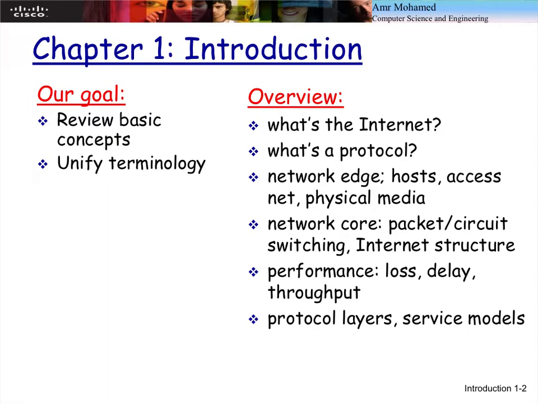Whether you are going to use the delay, and even for delay, there's processing delay, there's propagation delay, so there are different types of delays that we have to familiarize ourselves with. Or definitely the throughput, bandwidth, things like that. We'll talk about the protocol layers, the layered model. Of course, we talked about that in Network 1. We'll talk about the service models and so on.